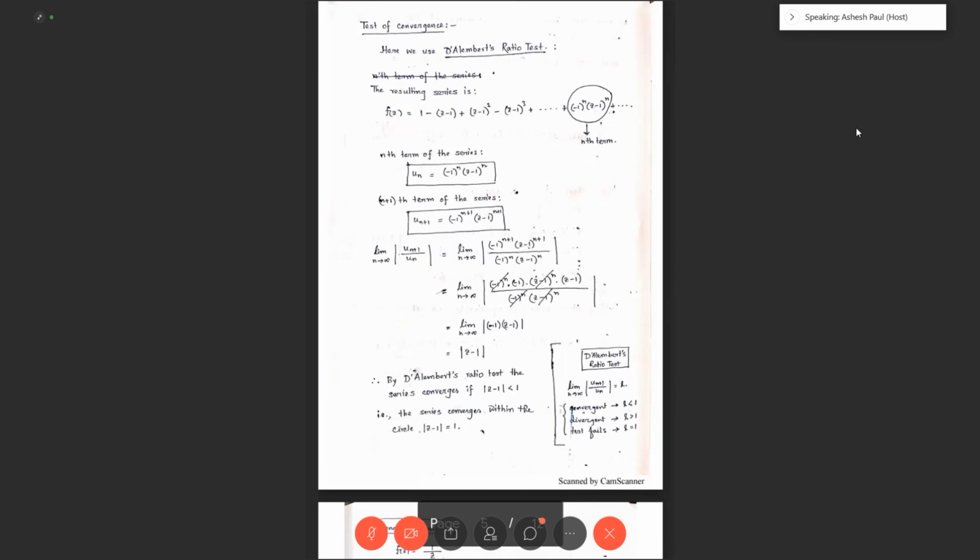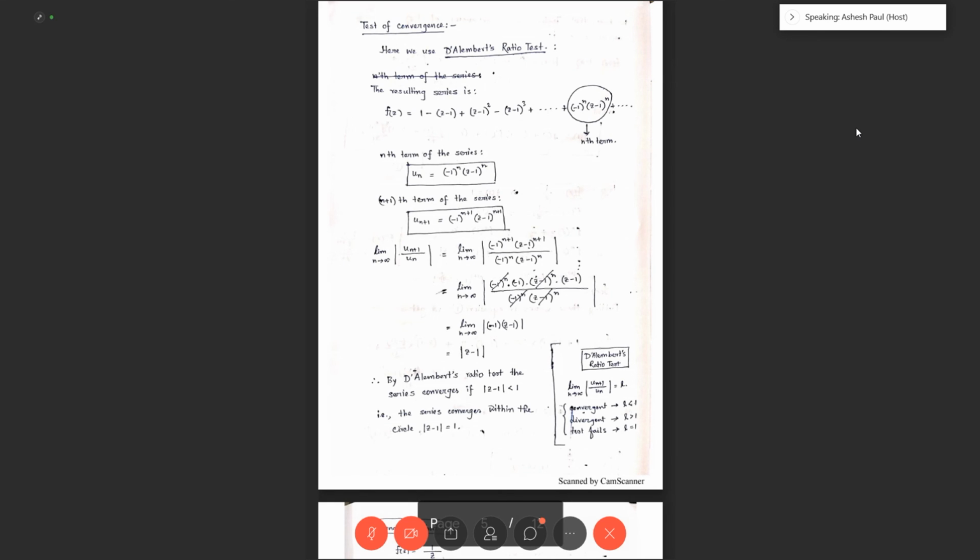Now D'Alembert's ratio test is not a new thing to you. The D'Alembert ratio test has already been done in the first semester. Can you recall it?